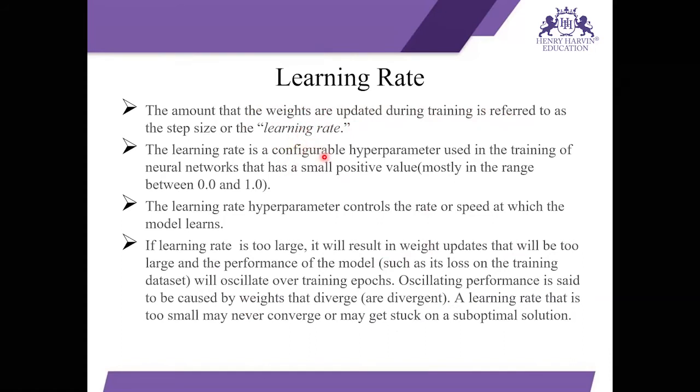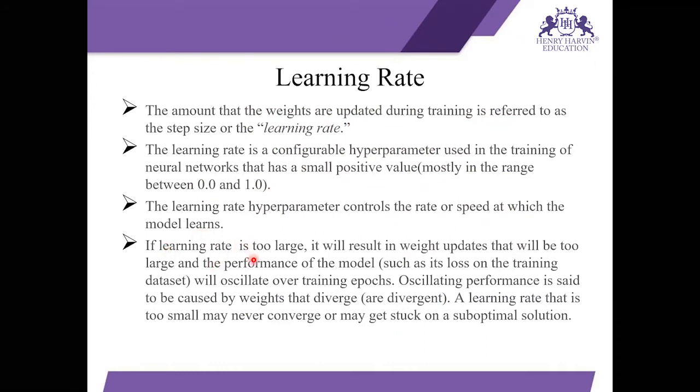The learning rate is a configurable hyperparameter used in the training of neural networks that has a small positive value, mostly in the range between 0.0 and 1.0. The learning rate hyperparameter controls the rate or speed at which the model learns.